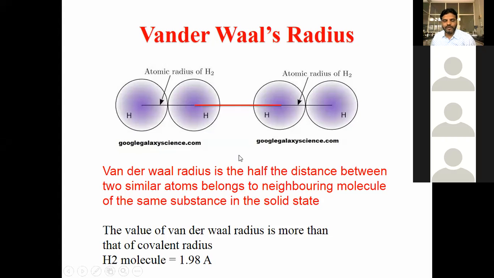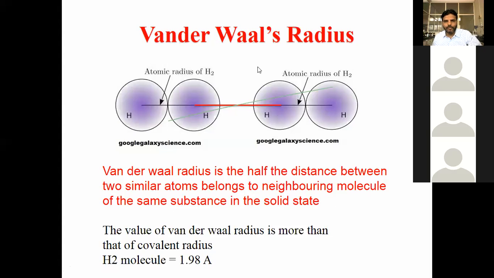So this is known as van der Waals radius. What is van der Waals radius? Half the distance between two similar atoms belonging to two neighboring molecules of the same substance in the solid state. By taking the example of the H2 molecule, what is the distance between the hydrogen atom of one molecule and the hydrogen atom of another molecule? It is 1.98 angstrom.